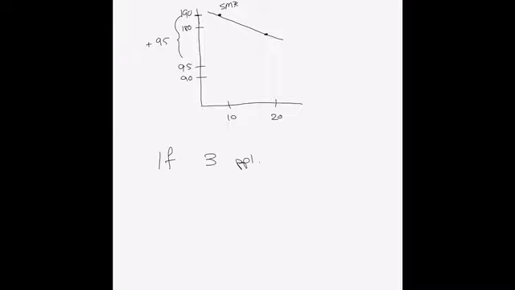If there's 3 people, the story doesn't change. The social marginal benefit is simply the sum, now not of 2, but of 3 people.